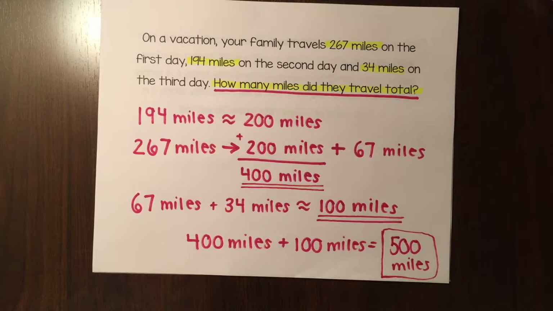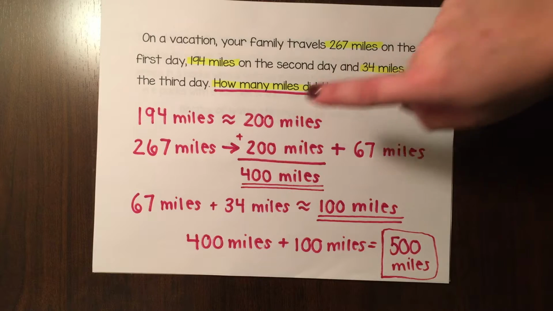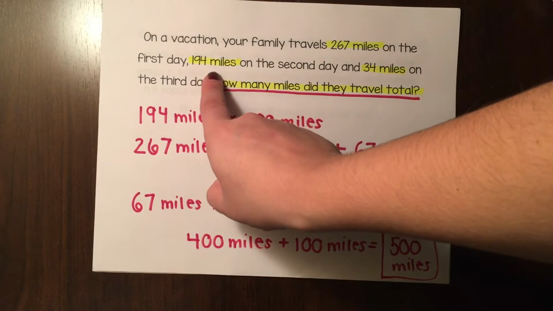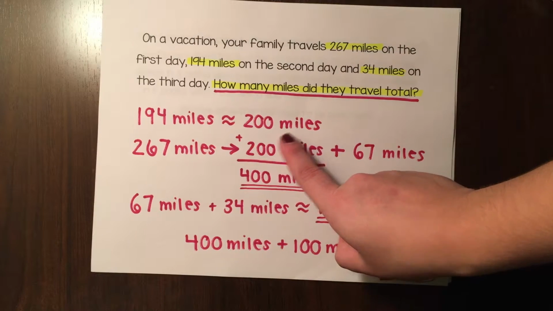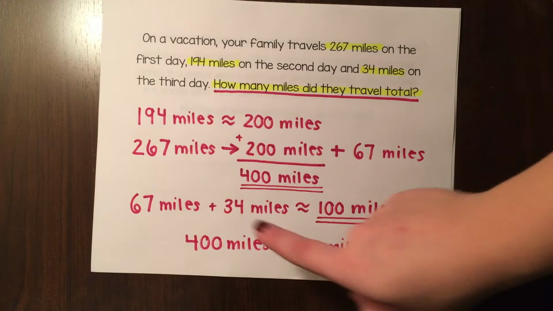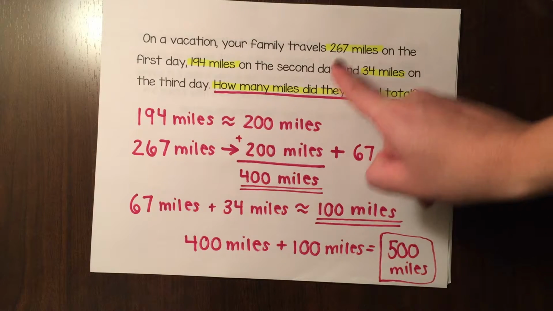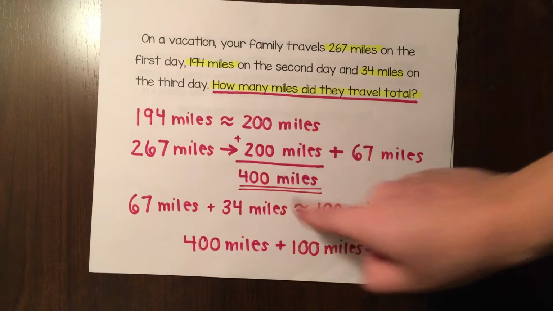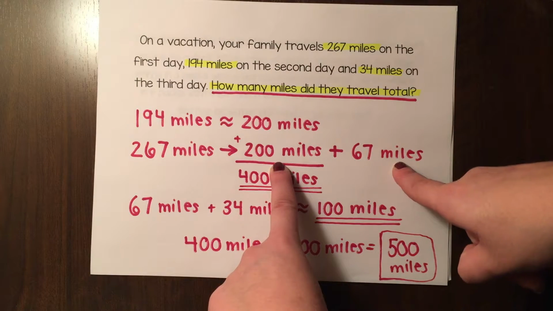For our last option, we are once again solving for how many miles they traveled total. First, looking at 194 miles, we will round this to 200 miles. Second, looking at 267 miles that they traveled on the first day, we know we can break this up into 200 plus 67.